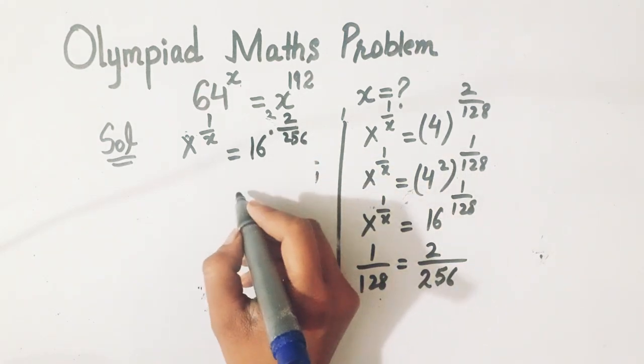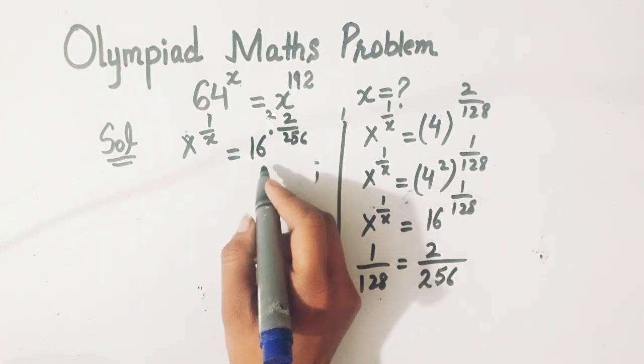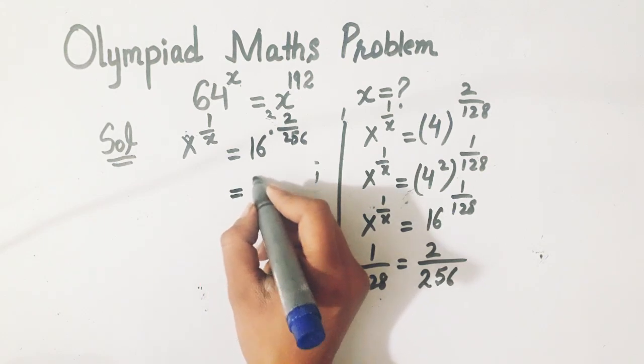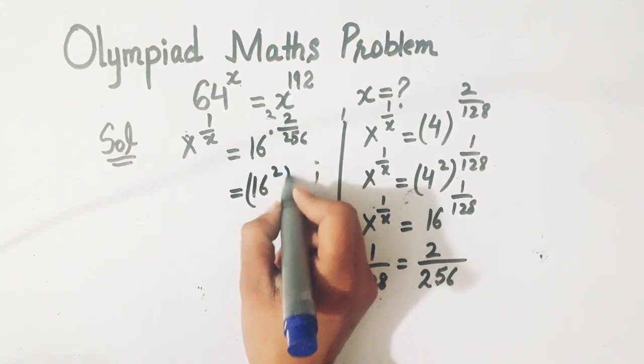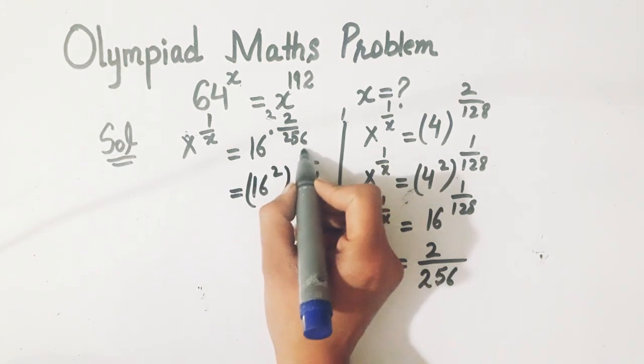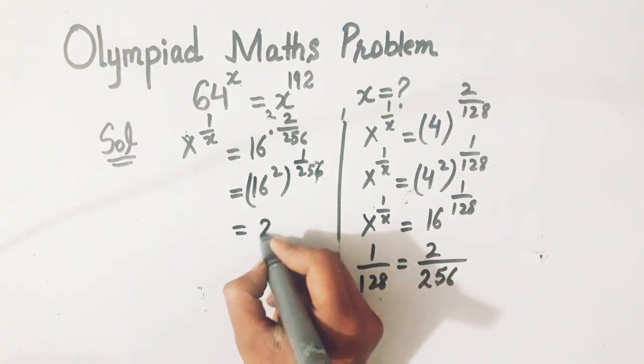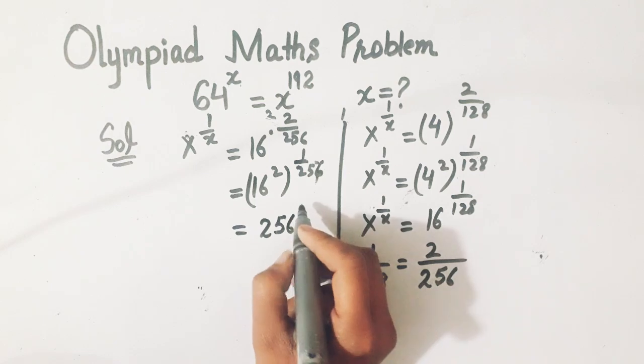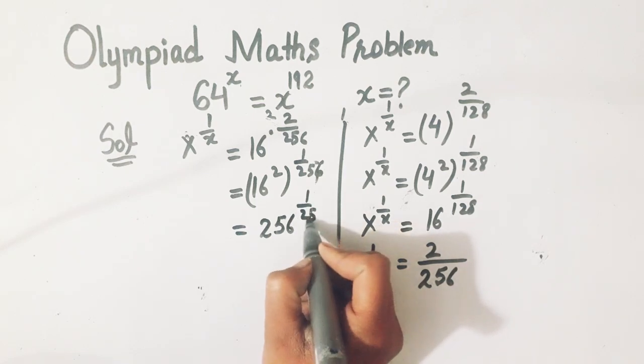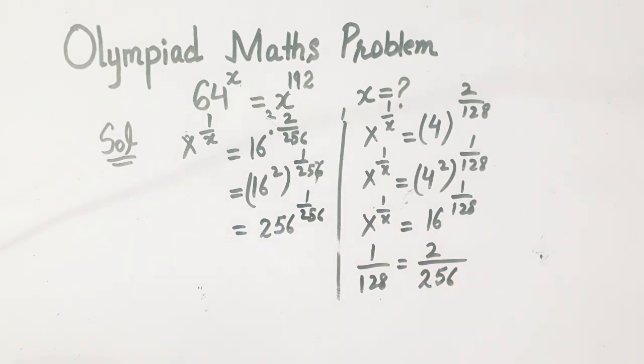Now 16 square is 16 multiply 16, which is 256. So 256 to the power 1 by 256.